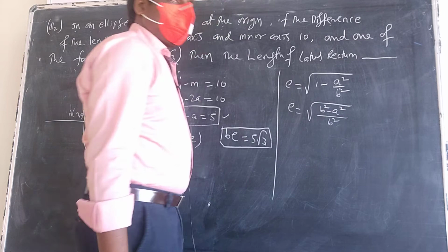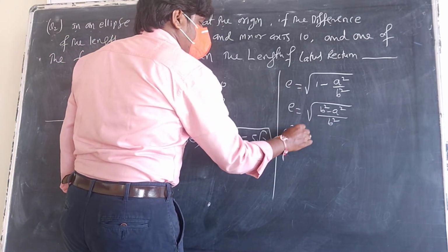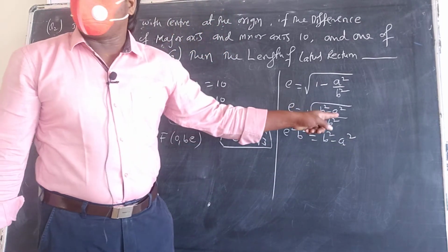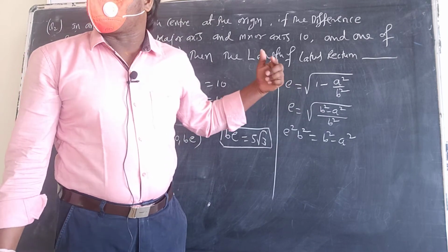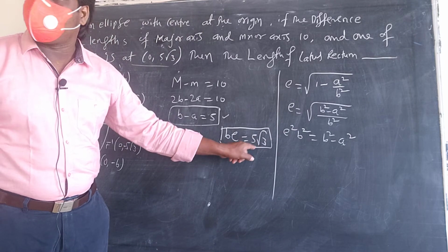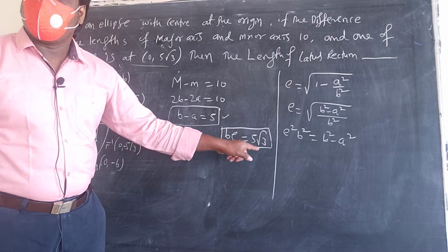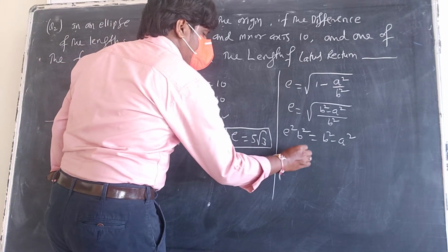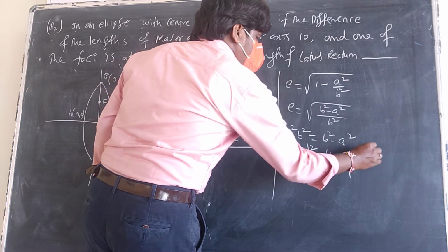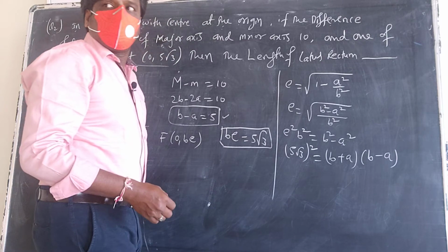Squaring both sides, e square b square is equal to b square minus a square. The b square e square value is 5 root 3 whole square, which is equal to b plus a into b minus a.